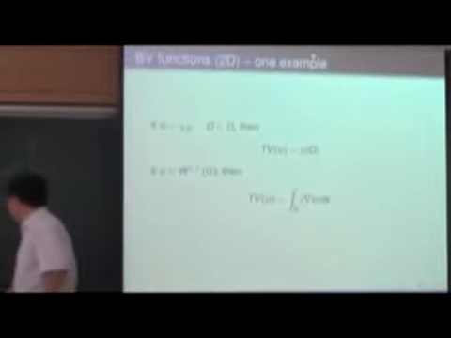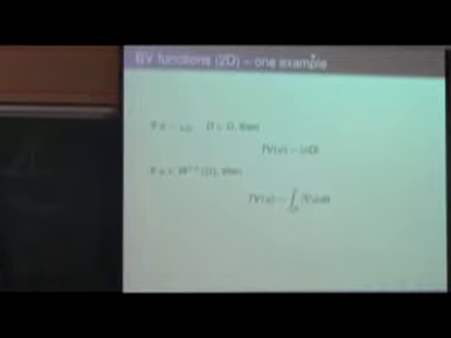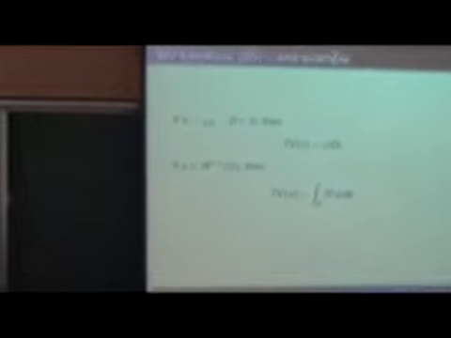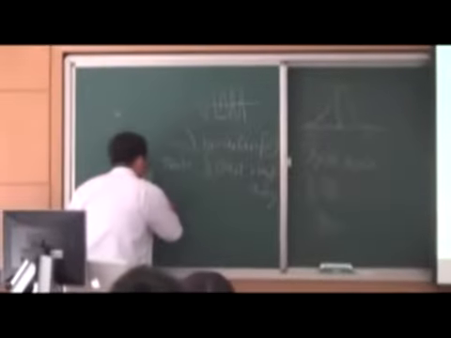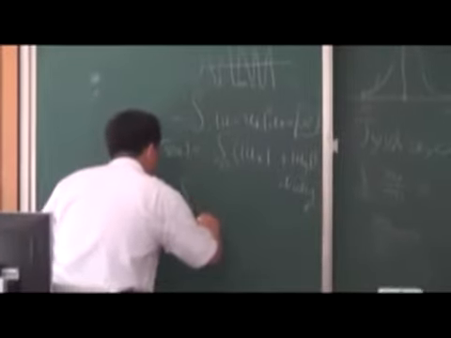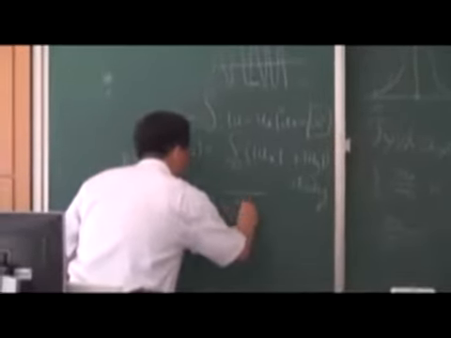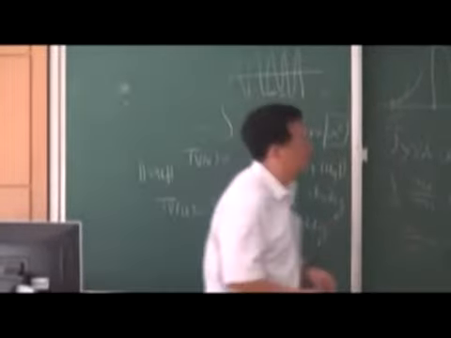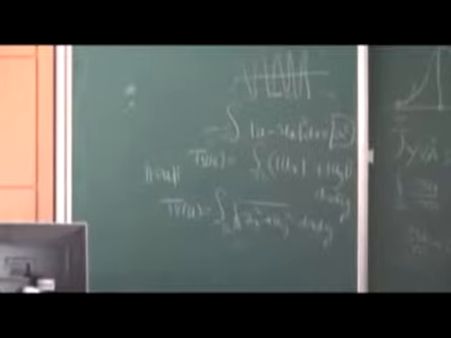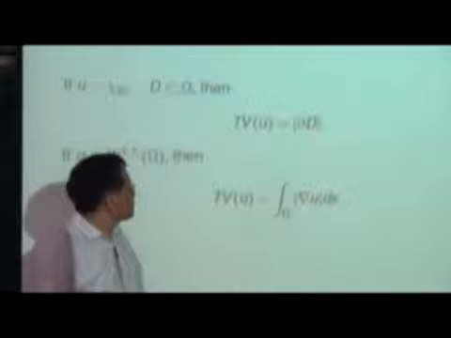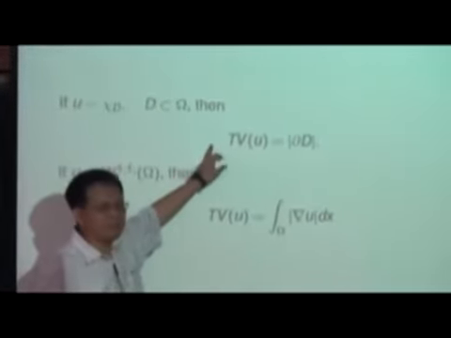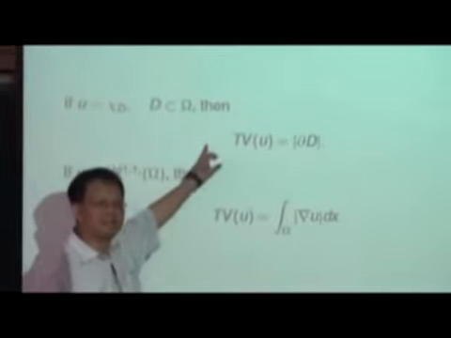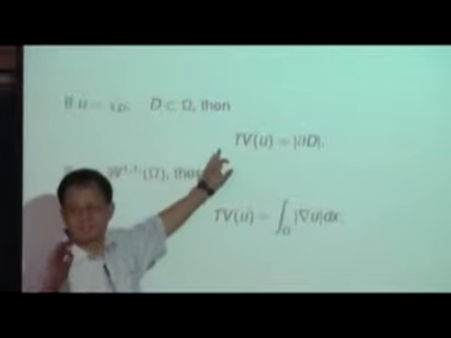So if a function is differentiable, then the total variation of the function is equal to the integral of the square root of ux squared plus uy squared dx dy. That's what you write here. And especially, this means that if a function has a discontinuity, the total variation can still bound it.